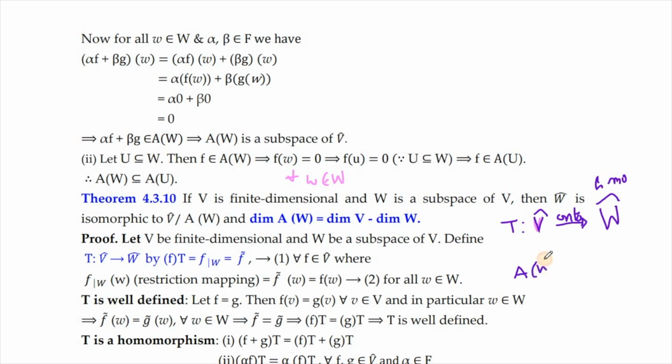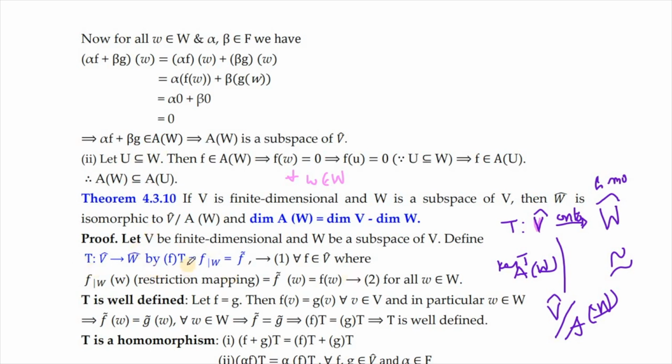If the kernel is A(W), then V cap over A(W) will be isomorphic to W cap. So this is the idea. Between V cap and W cap, once we define a mapping, we have to show that it's an onto homomorphism with kernel A(W).